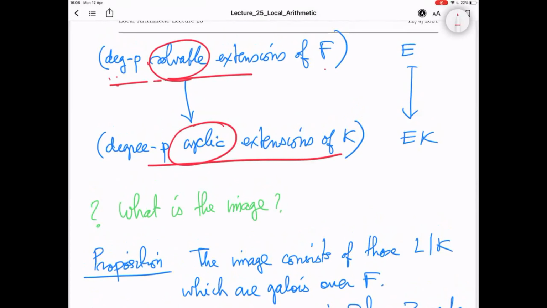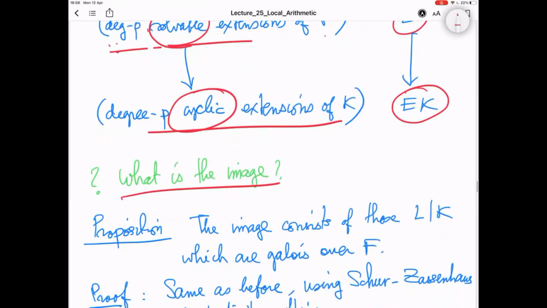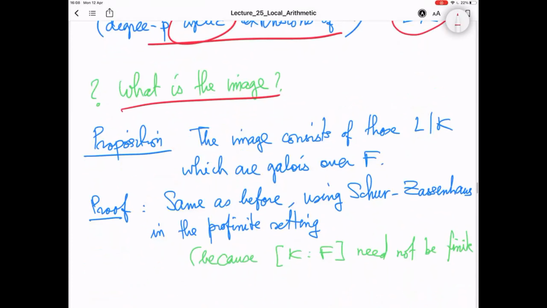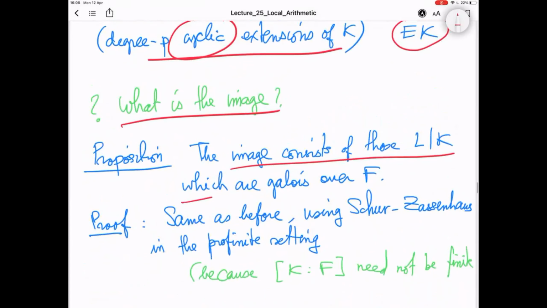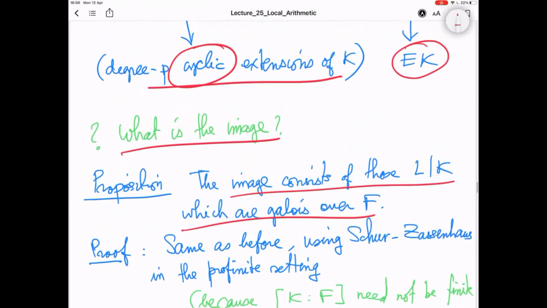So I've got this map which takes E to EK, the composition of E and K. So we could ask, what's the image? And here's the proposition which answers this question. It says that the image consists of all those L over K which are Galois over F.